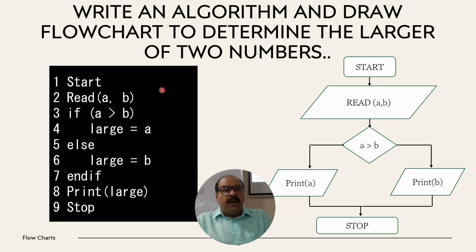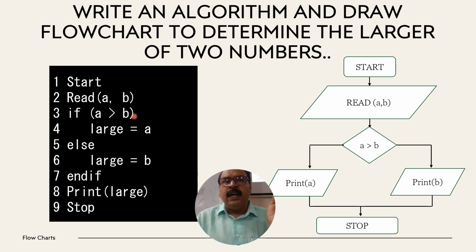The second statement, after you have started, you are reading A and B, checking out whether A is bigger than B or not. If A is bigger than B, the statement large is equal to A is executed.